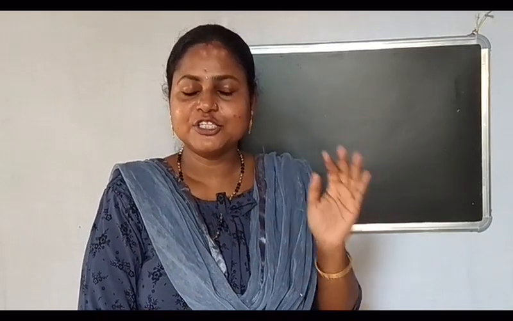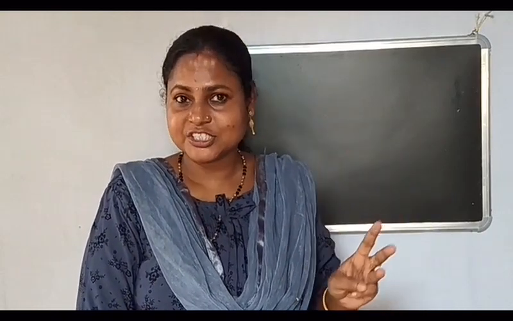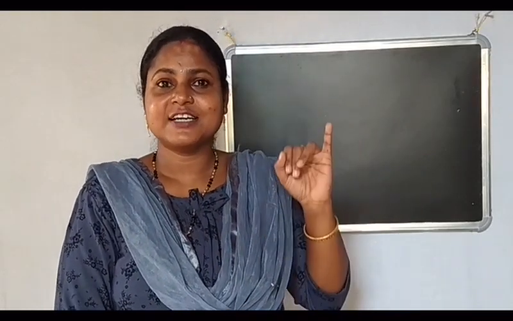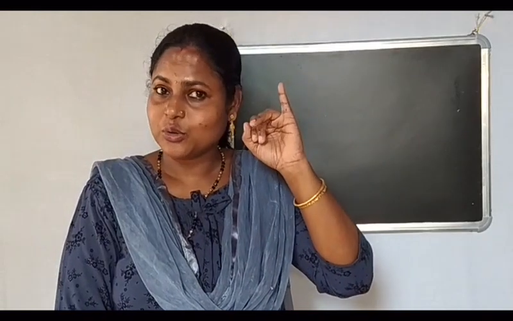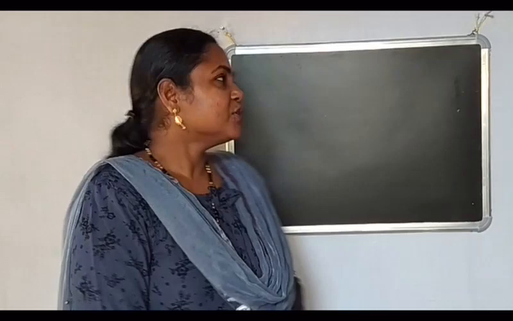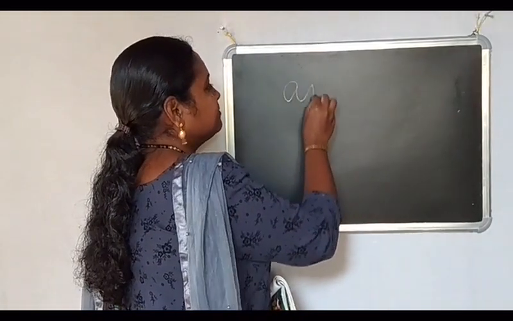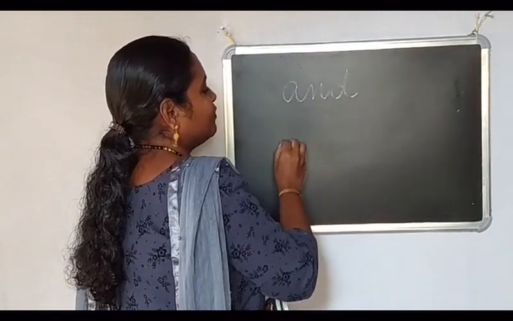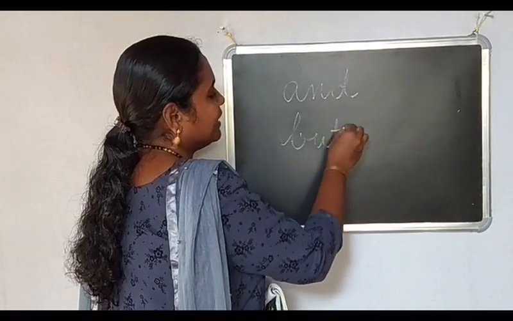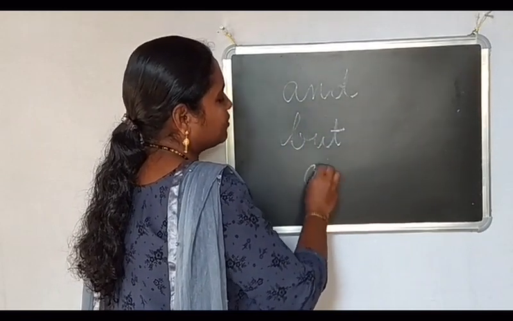These are the things that we said. And today we discussed three conjunctions that are commonly used. What are they? First one is and, second one is but, and the third one is or.